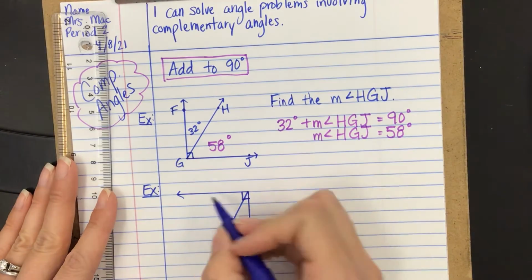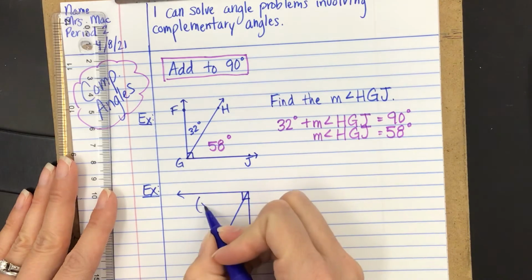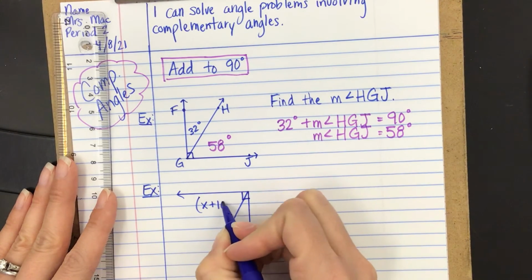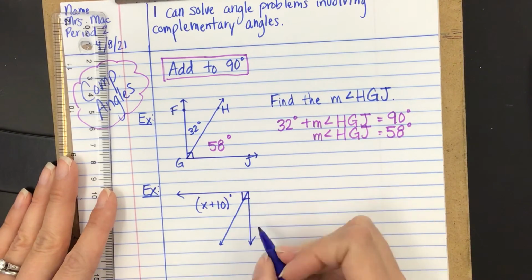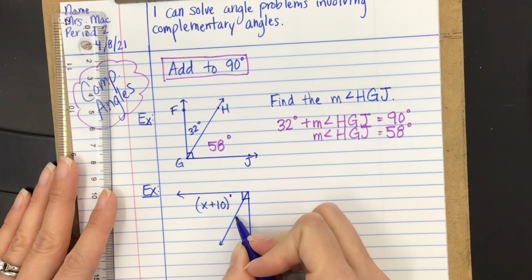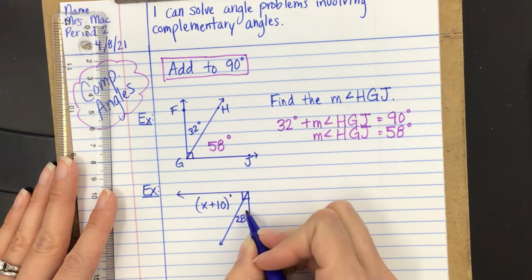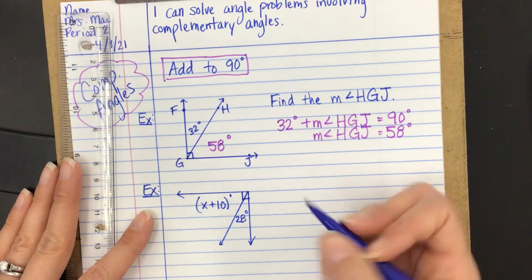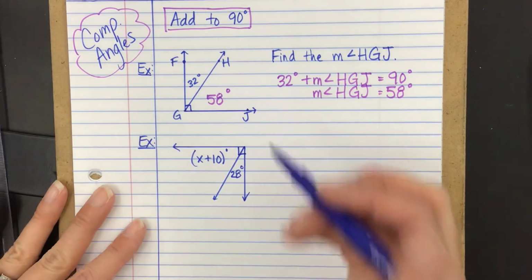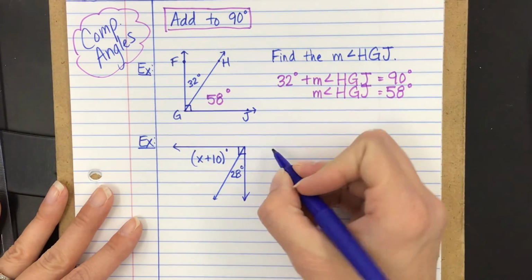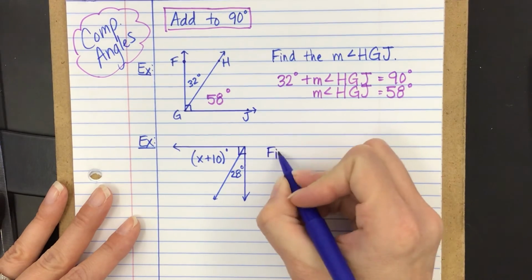So let's say that this angle right here is x plus 10 degrees, and this angle right here is 28 degrees. So we're going to find the value of x.